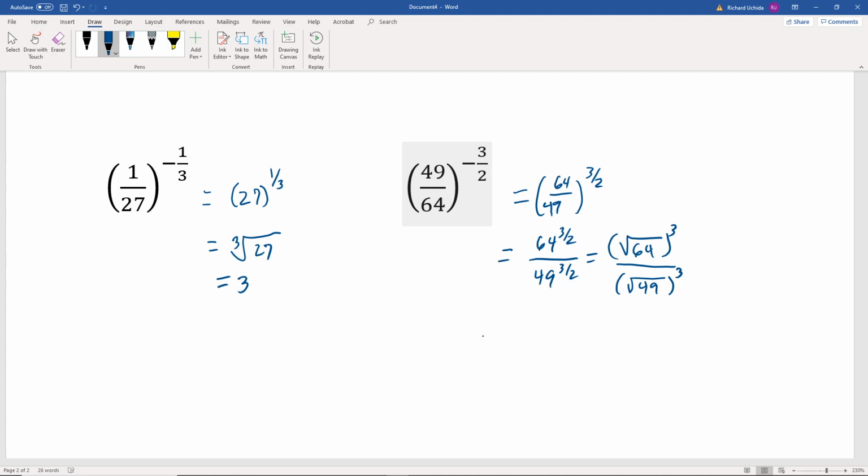The square root of 64 is 8, so we'd have 8 cubed, and the square root of 49 is 7, so we'd have 7 cubed in the denominator. Well, 8 cubed is 512, and 7 cubed is 343. So we'd have 512 over 343.